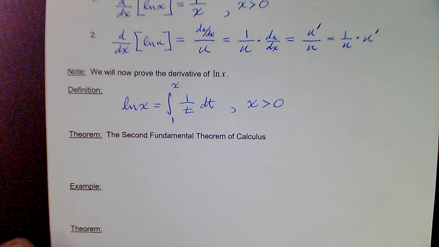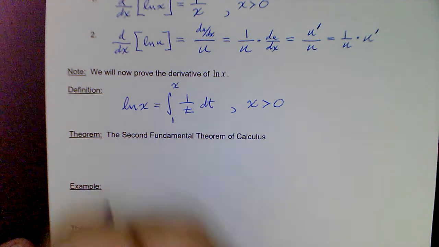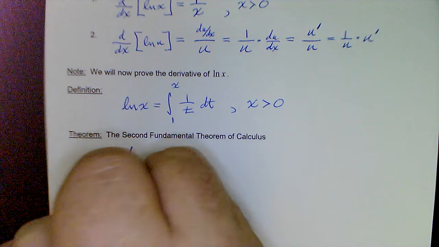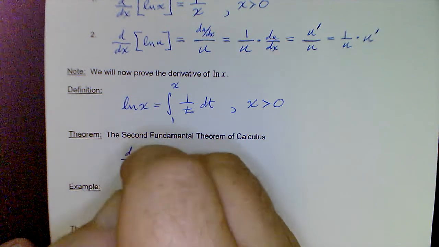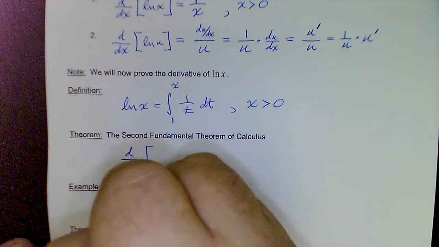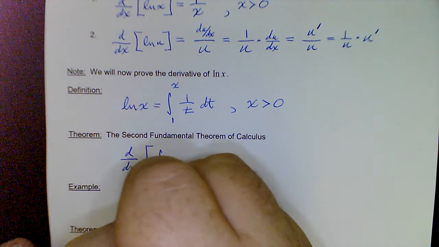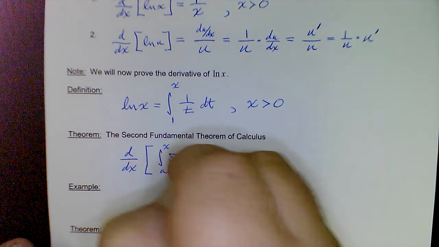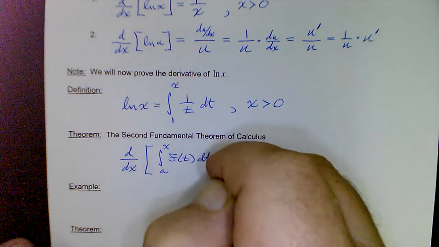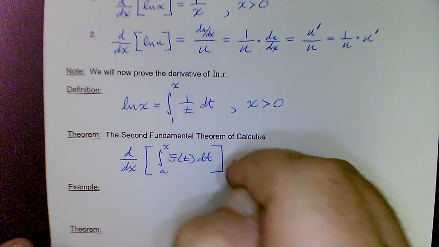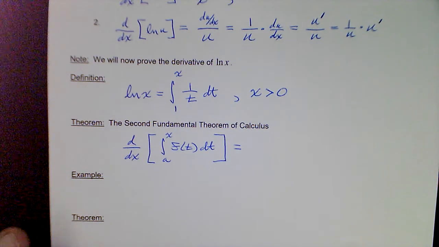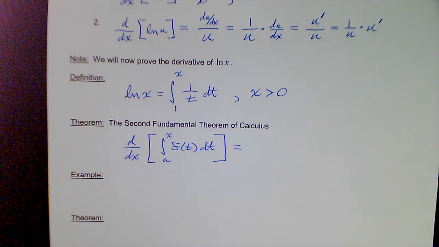Okay, and then we have the second fundamental theorem of calculus that you should have seen in Calculus 1. And it's the derivative with respect to x of the integral from a to x of f of t with respect to t. So it's kind of a special theorem. Very cumbersome to prove this theorem. It's about a page long in the textbook, which becomes 2 pages if you try to prove it.